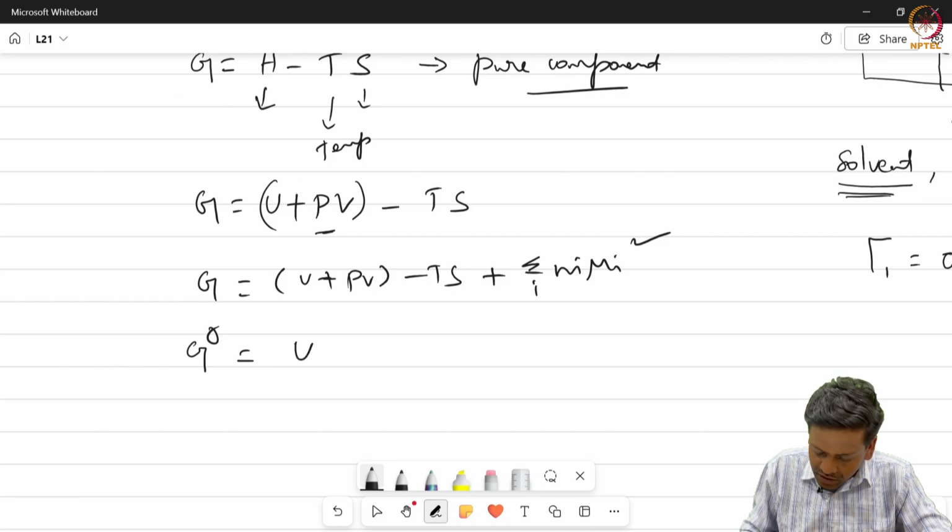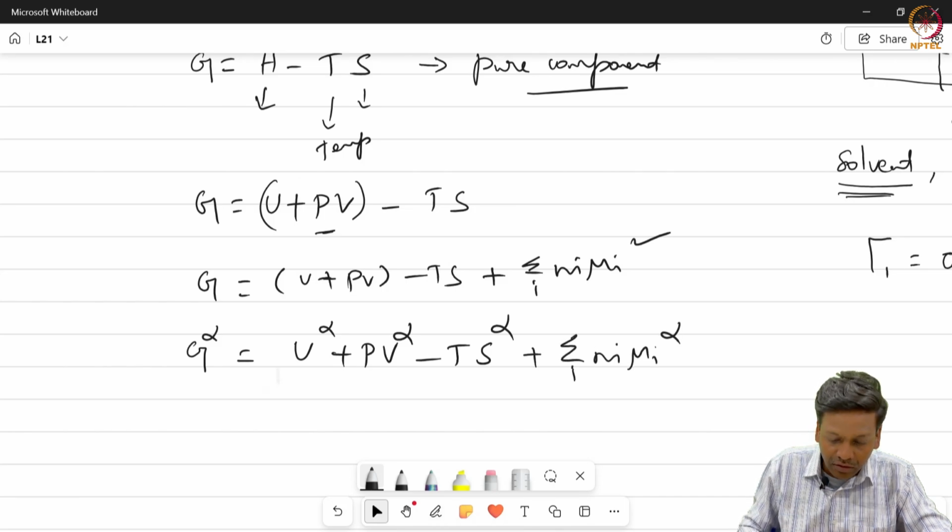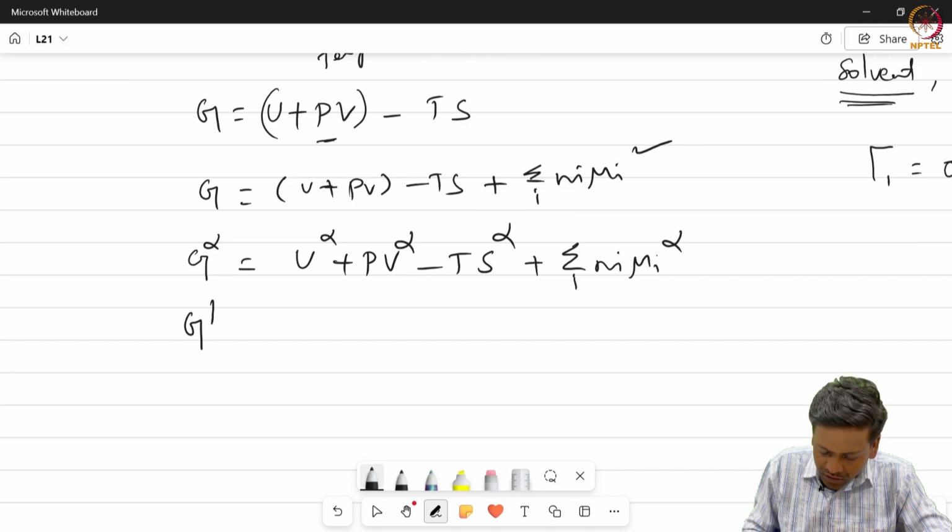is going to be my bulk phase 1. So in such a case, I can define this with alpha. This is going to be my U alpha plus PV alpha minus TS alpha plus summation over i of n_i mu_i alpha. In a similar way, you can define it for the other bulk phase, that is beta itself.